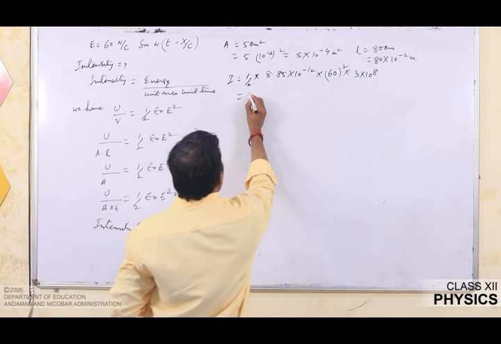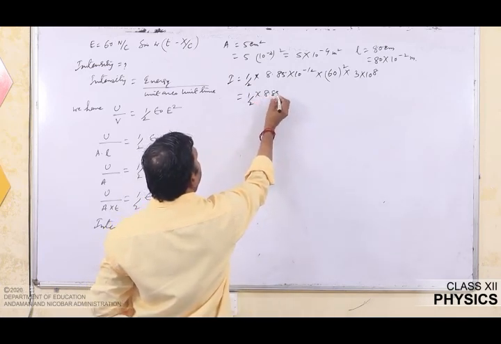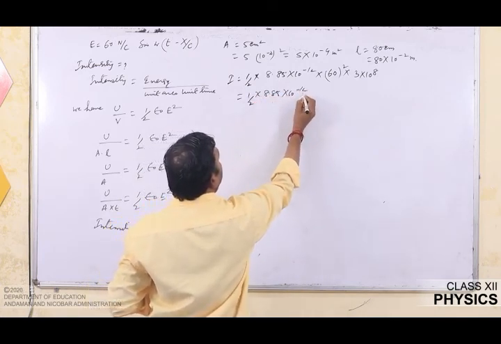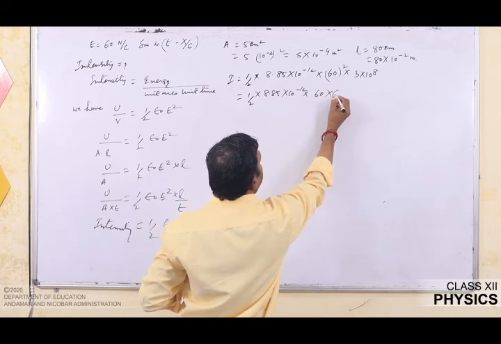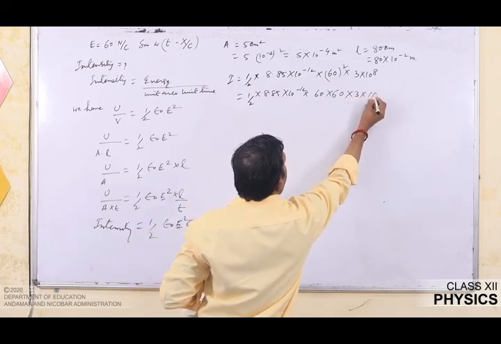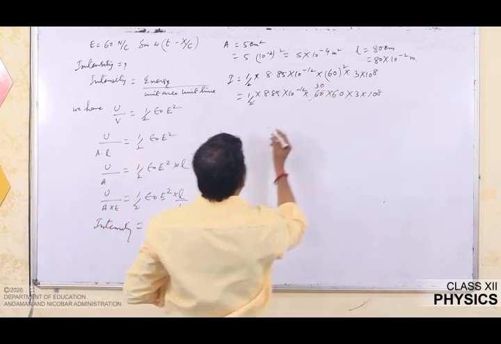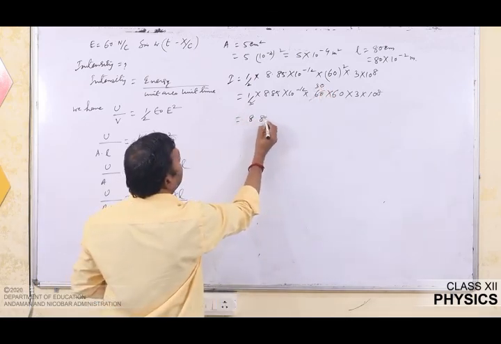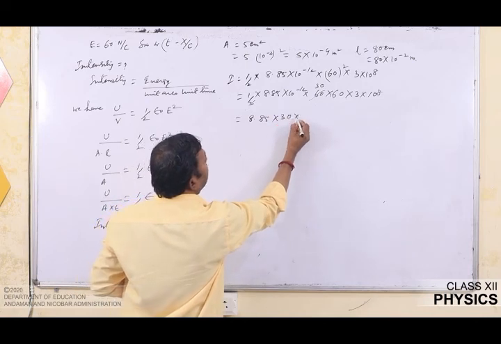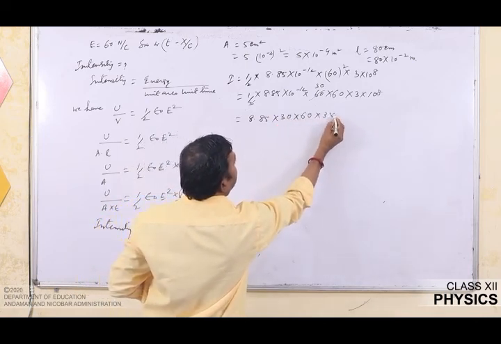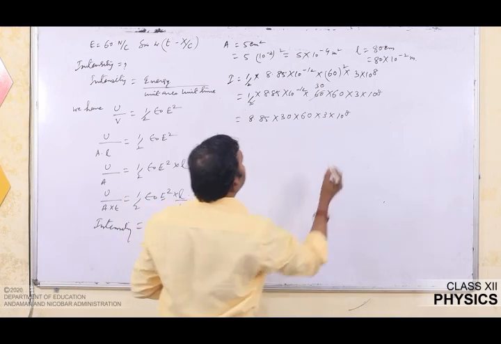So, after this you have half multiplied by 8.85 into 10 to the power minus 12 multiplied by 60 into 3 into 10 to the power 8. With the 2, this 60 can be cancelled, you get 30. So, finally you have 8.85 into 30 into 60 into 3 into 10 to the power 8 into 10 to the power minus 12.